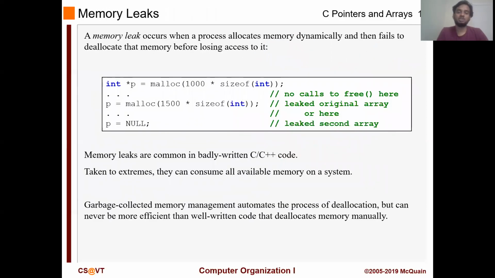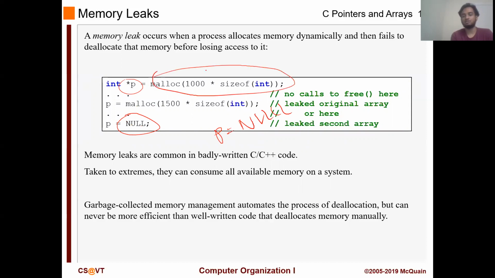Memory leaks. A memory leak occurs when a process allocates memory dynamically, then fails to deallocate the memory before losing access to it. Okay. So we are allocating memory over here, and at one point we do p equals null, or start pointing somewhere else. In that case, we completely lose sight of whatever memory was defined here.